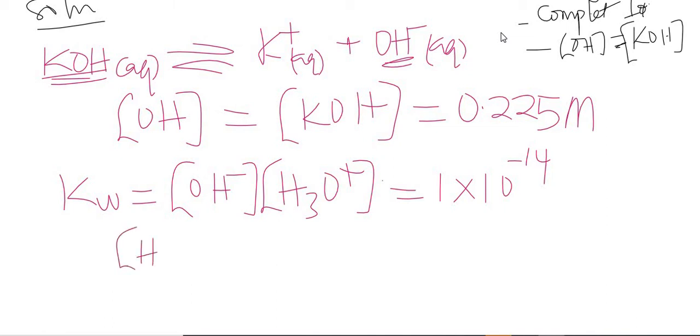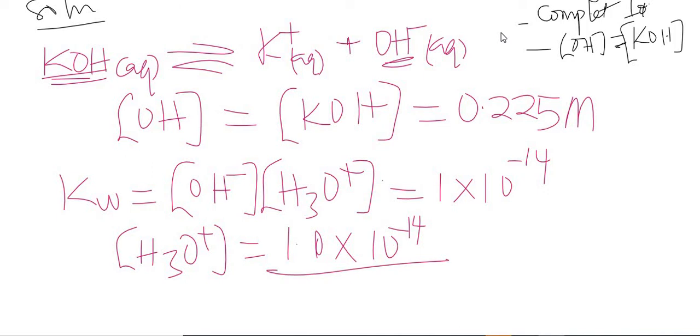So hydrogen ion concentration is 1.0 times 10 to the negative 14 over 0.225.